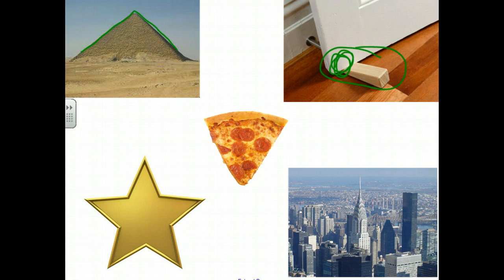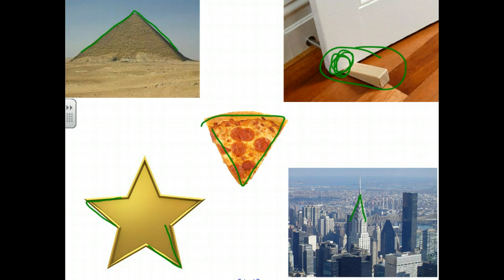Each point of a star is an acute angle. A pizza slice is generally an acute angle, but obviously you can have bigger ones than that. And the Chrysler Building in New York, if you ignore the spire and just look at the angle of the sides of the building coming down, that is also an acute angle. So any angle less than a square corner is an acute angle.